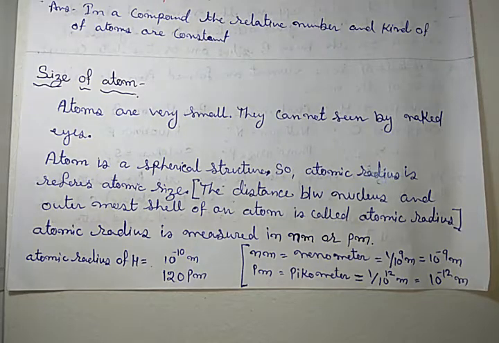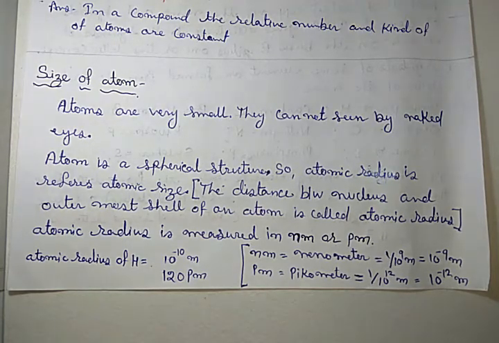Since an atom is a spherical structure, and you know that for a spherical structure, if you consider its volume or size, then the formula is 4/3 pi r cube. R is the radius. Other than that, 4, 3, pi are constants.